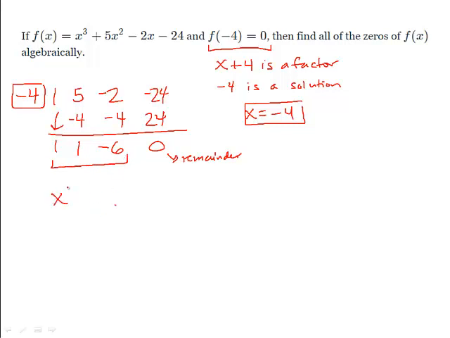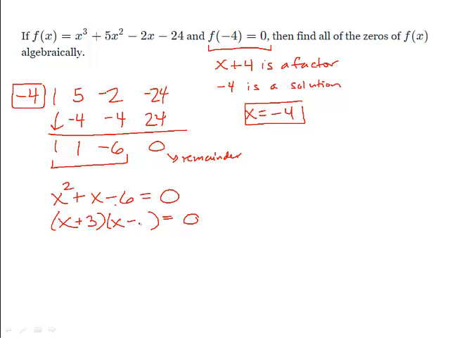This is telling me that x squared plus x minus 6 is a factor, and I'm going to set that equal to 0 and solve. This, I believe, is factorable. Let's try this. What numbers will multiply to negative 6? We would need a positive and a negative to do that.